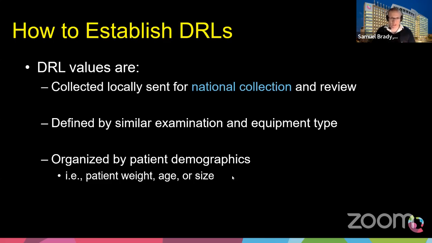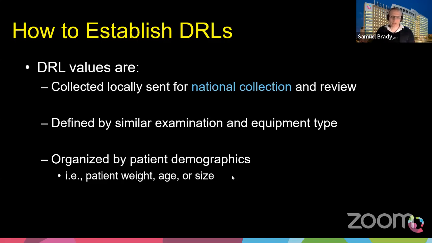I work at a children's hospital, so I'm partial to the idea that not all patients are the same size. Pediatrics have a variety of different sizes, and even adults have different sizes. So it's important that as we collect the dose data to establish DRLs, we also collect the patient demographic data.